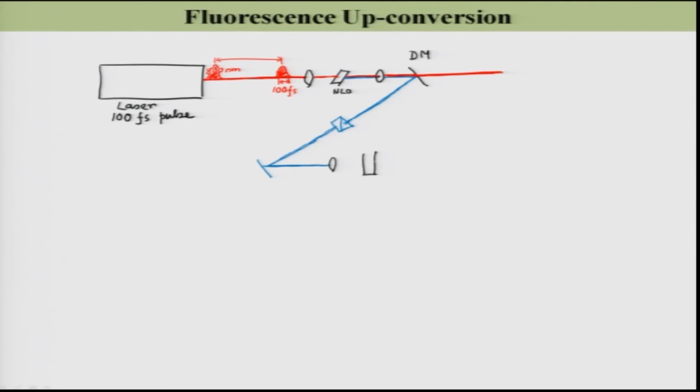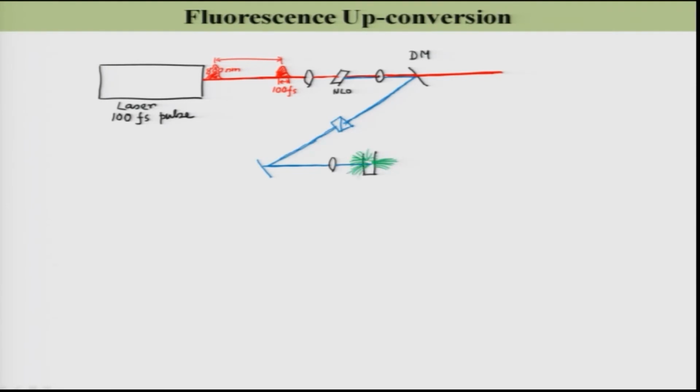So, you can excite the sample with this blue light and then the sample will generate the fluorescence, right. The color of fluorescence is typically different. Let us say I choose this green light as the fluorescence. So, fluorescence will come out in all the directions.